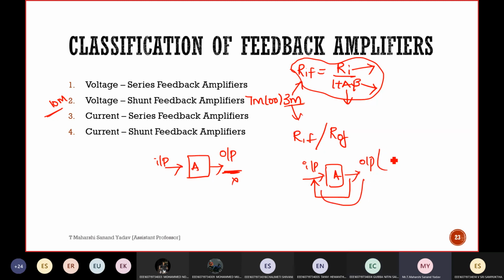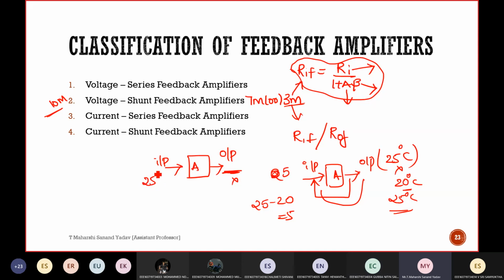Suppose for a temperature range I want output as 25 degrees centigrade. I provide 25 as input and need to get 25 as output. But if I got 20 instead, there is an error of 5. In the next case, after receiving this feedback, you will provide another 5 as input so that you get 25 degrees centigrade as output.